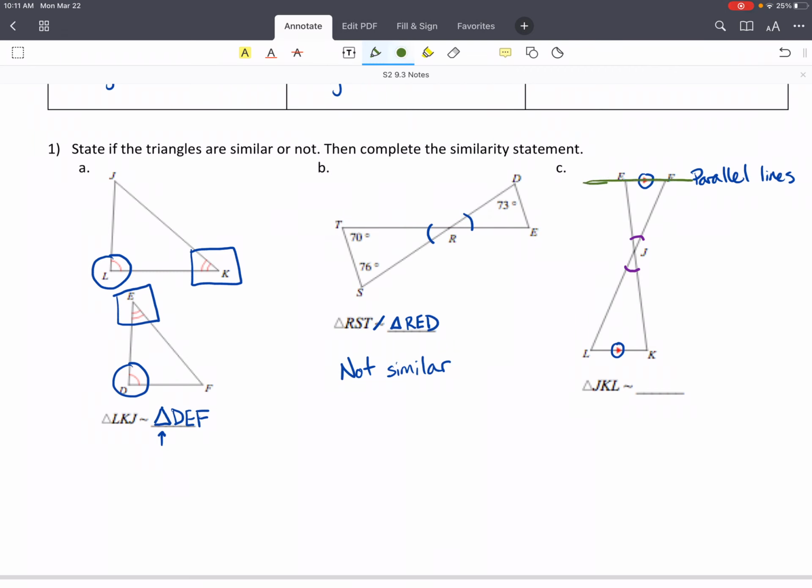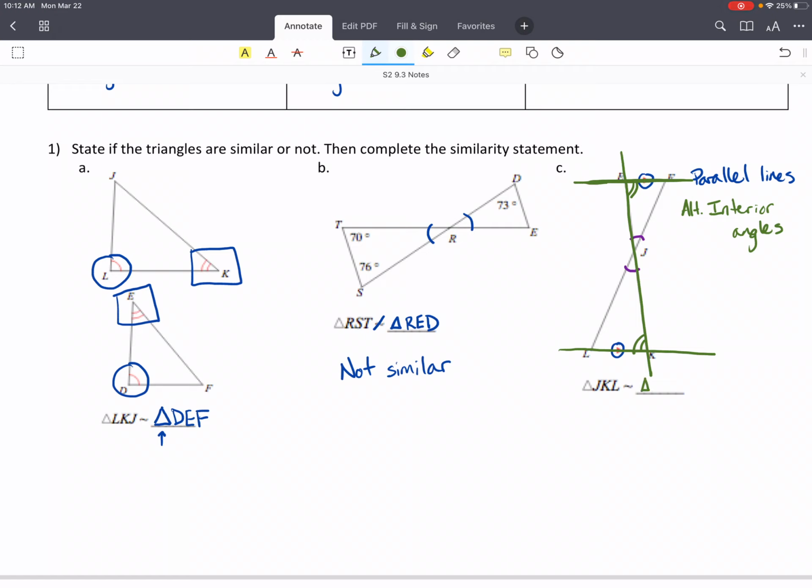I'm going to extend this out so we can see it a little bit better. Here's two parallel lines. Then I can extend on either side here. But because these lines are parallel, I have some alternate interior angles, which are congruent. And so because of that, I can say that these two triangles are similar.